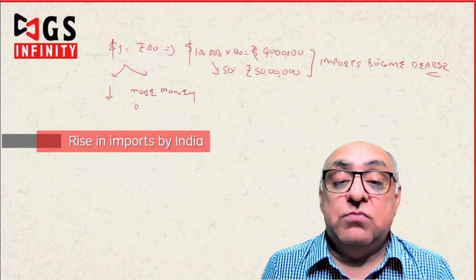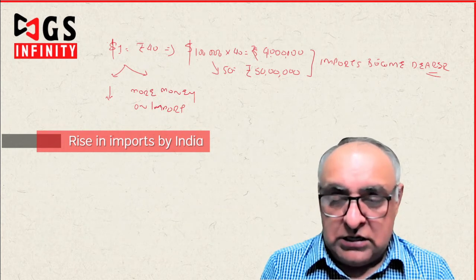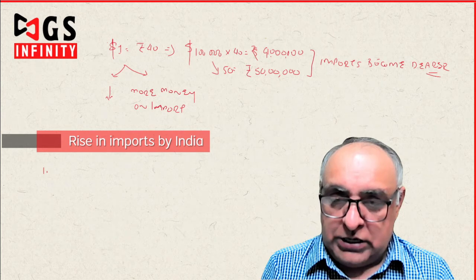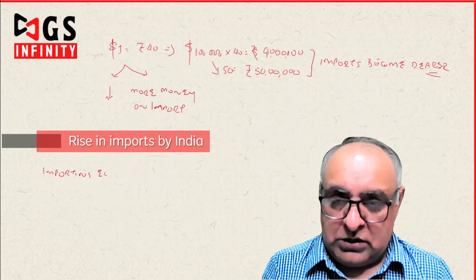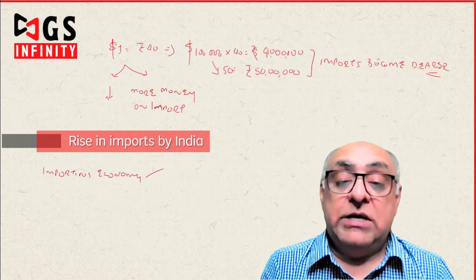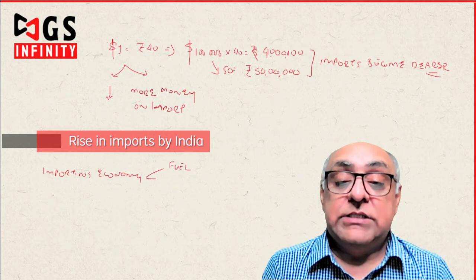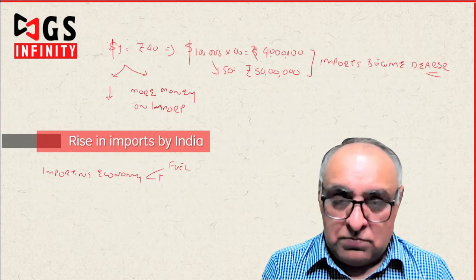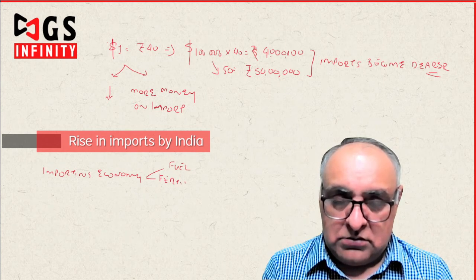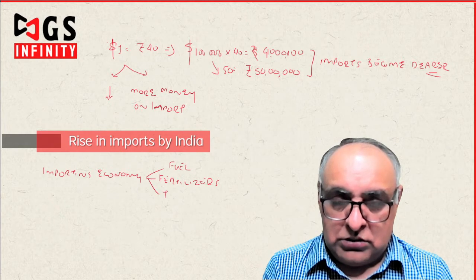As far as India's case is concerned, India is mainly an importing economy. We used to import mainly fuel, we used to import fertilizers, and we used to import technology.